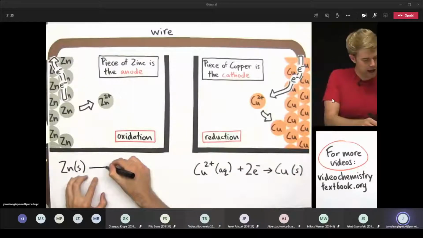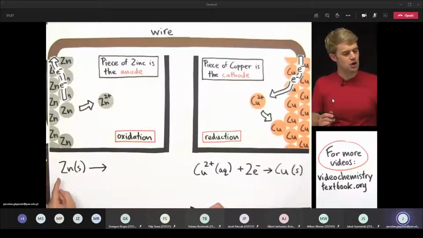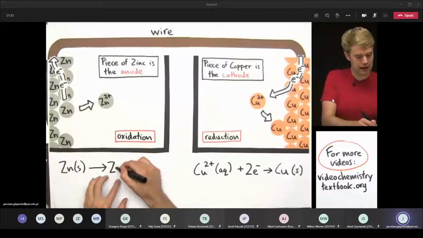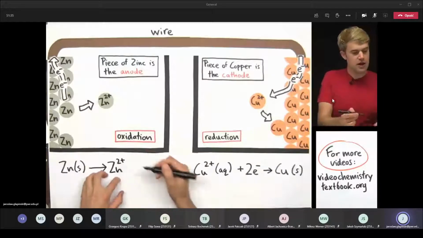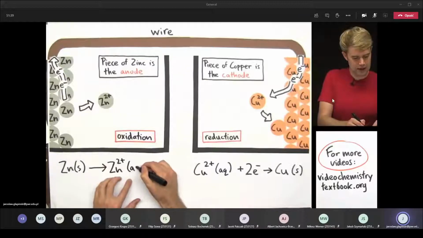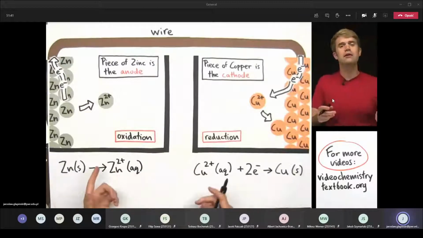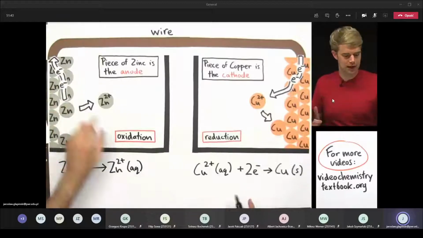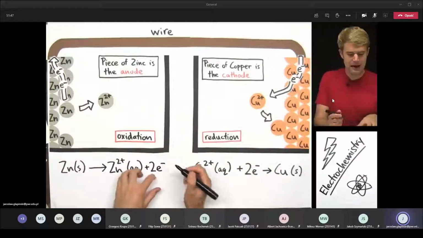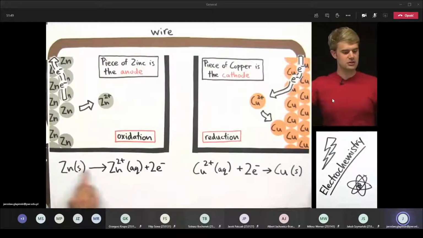I'm going to put this arrow. I'll leave the electrons for last. Losing the electrons turns the neutral zinc atom into a Zn2+ ion. Zn2+ that is now dissolved in solution. So I'll write aq here. And then finally, to show that I lost those 2 electrons here, I'll put plus 2e- on this side. So this is the reaction for the oxidation.